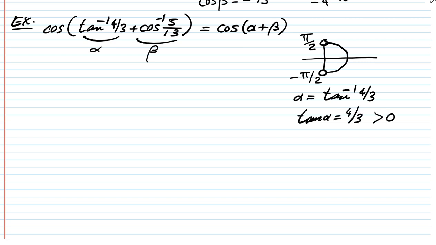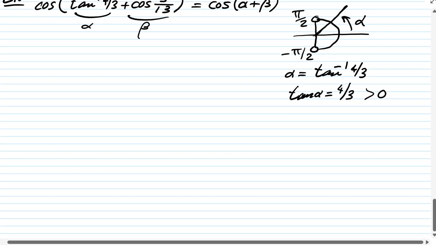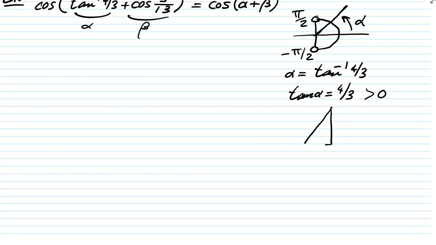Tangent is positive. That means the angle must be in the first quadrant, because in the fourth quadrant, tangent is negative. And there you have it. Here's your alpha. Now we can establish the triangle, right? 4/3. So y is 4, x is 3, and here is alpha. The hypotenuse or radius of that circle is going to be 5.